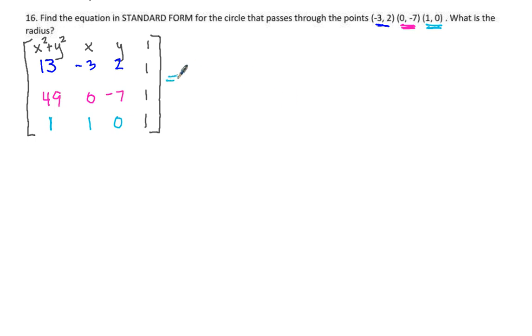Okay. Now we find the determinant of this matrix, set it equal to 0, and that's going to give us our equation in general form. So the first thing we do is we find the determinant using the cofactor method.